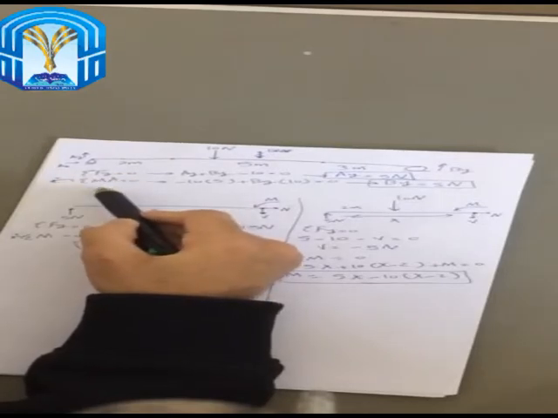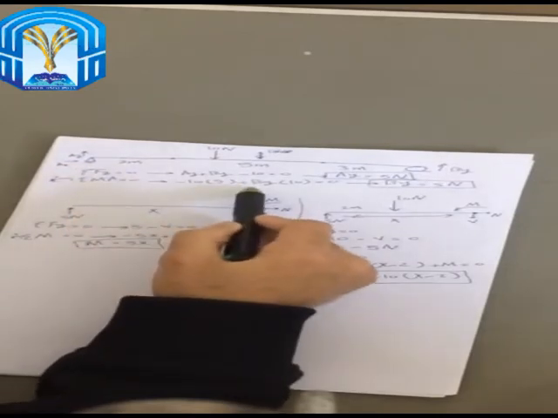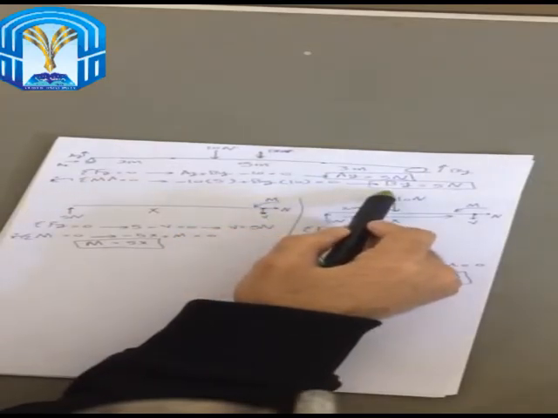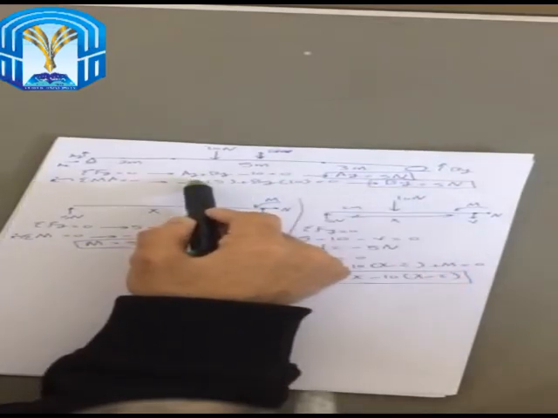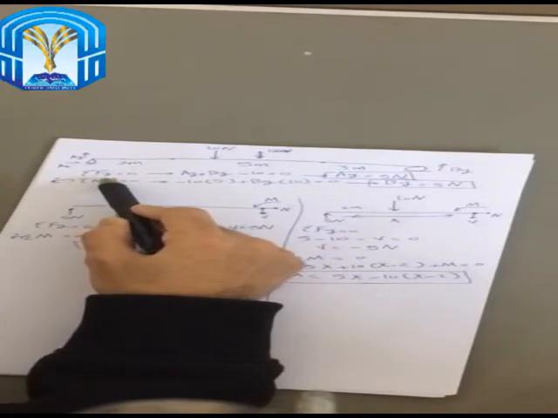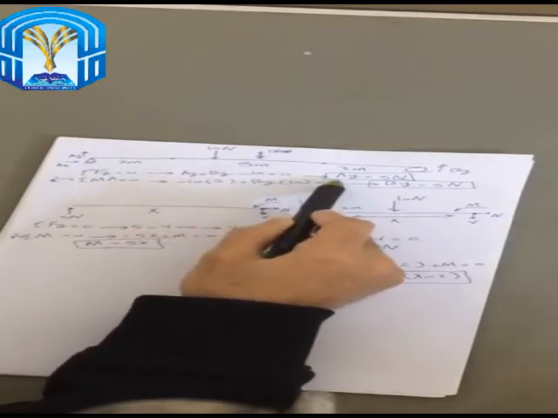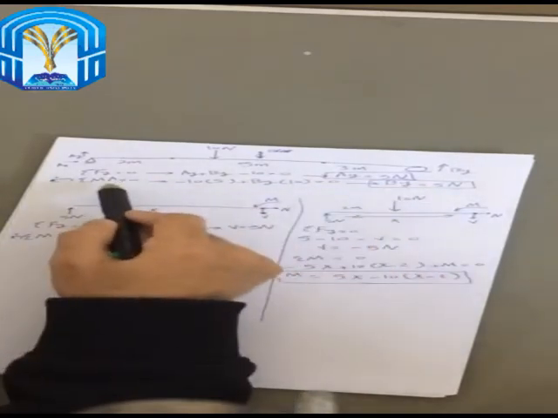Now take the moment about this point to find the value of By. After that, we find the value of By. Now go back to the equation of summation Fy equals 0 to find the value of Ay. Ay equals 5 Newton and By equals 5 Newton.